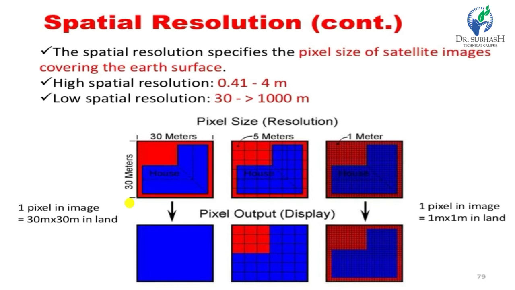High spatial resolution is 0.41 to 4 meters and the lowest spatial resolution is 30 to 1000 meters. So 30 meter spatial resolution means one pixel in the image is 30 by 30 meters, and 4 meter spatial resolution means one pixel covers a 4 by 4 meter range. 1 meter means 1 meter of area is covered within one pixel.